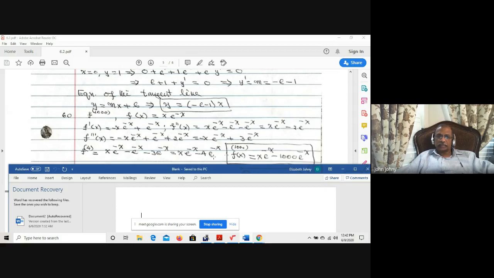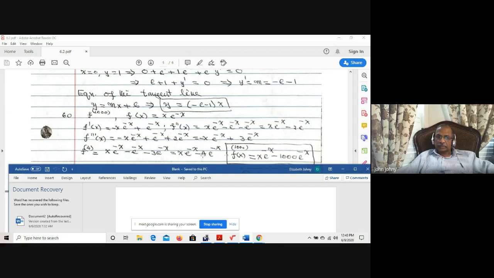Now you look at the pattern. When you have a 1 here, there is a 1 in front of the e to the negative x. When you have a 2 here, that means if you differentiate 2 times, there is a 2 in front of this. When you differentiate 4 times, this is positive. 1 and 3 are positive, 2 and 4 are negative.